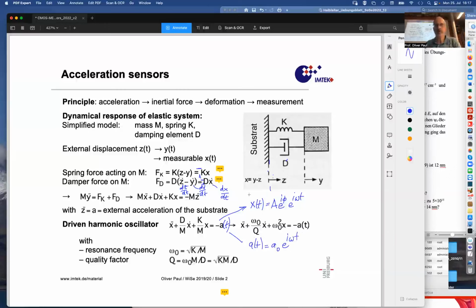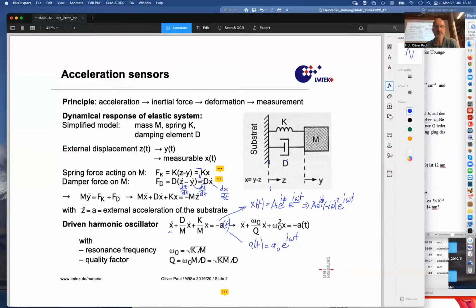So when we insert this ansatz into this equation, it will produce something like a e to the i phi multiplied by minus i omega squared. That's the second derivative, coming down here twice. This i omega pops down, and then this is multiplied by e to the i omega t. And so that's the first term.